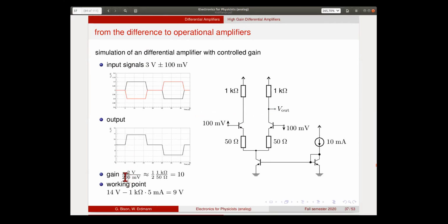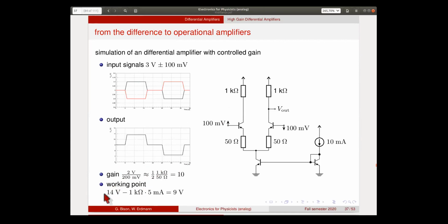We have an input swing of plus or minus 100 millivolts, so 200 millivolts, and this is compatible with the gain that we expect, which is 1 kilo ohm over 50 ohms, and then we do this twice because we modulate both sides, so we expect a gain of 10 here. And this is exactly what we see.